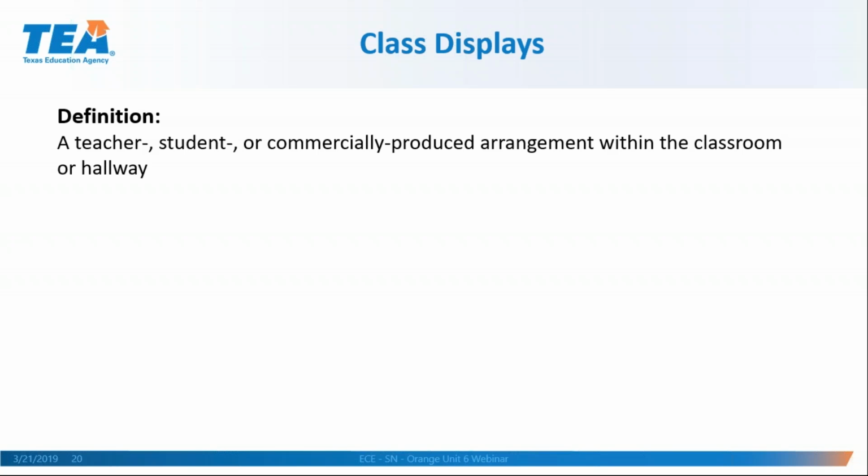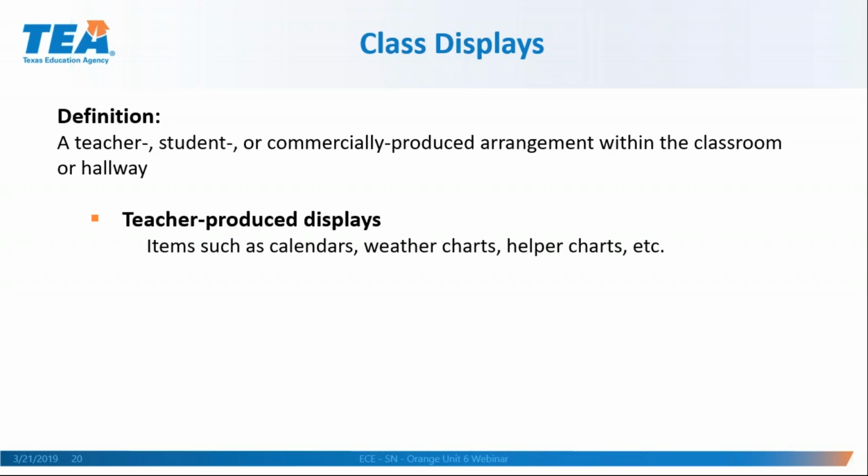Sometimes they're made by a teacher, so that could be a calendar, a weather chart, a helper chart. When I say teacher, it probably should say school produced displays. So it could also be things that the school makes the teacher hang up somewhere in the room: upcoming events, things on the parent board.